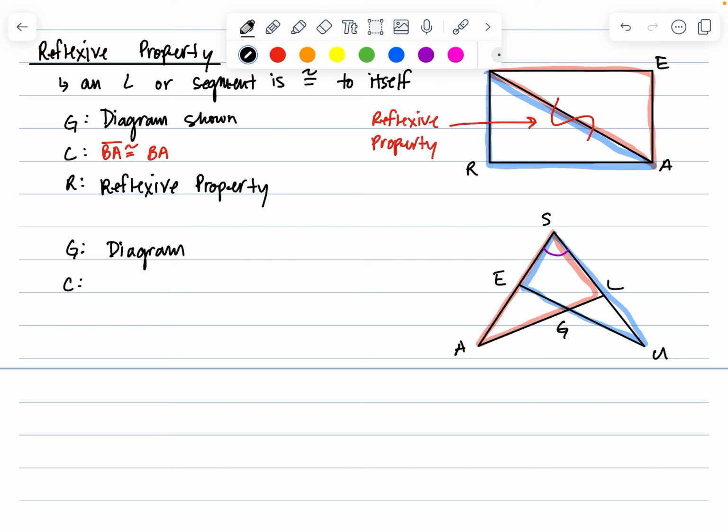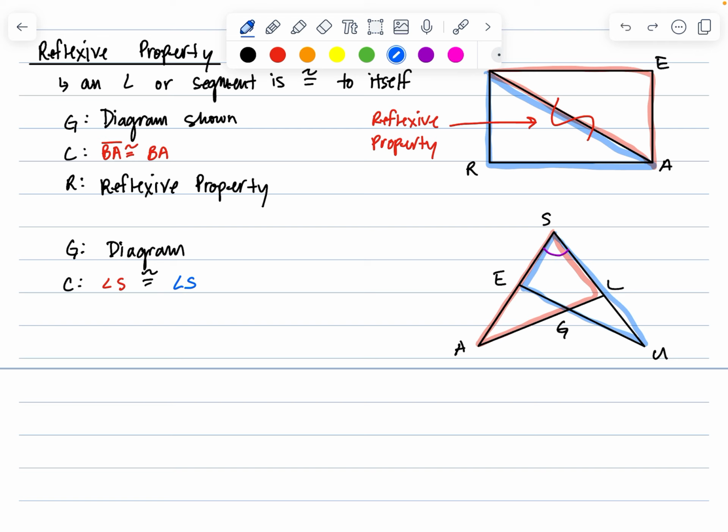Our conclusion would be, in this particular case, we have a red triangle and a blue triangle, so we could say angle S, and notice I'm doing it in red, and I probably should have done it above, is congruent to angle S. So if I separated these two triangles, this angle, if it was like 40 degrees, would be 40 degrees in both, no matter what, okay?